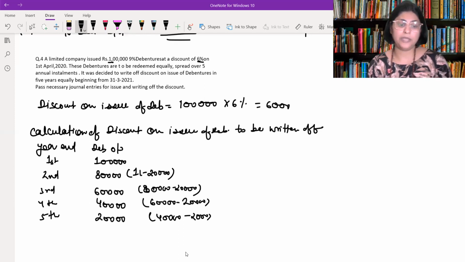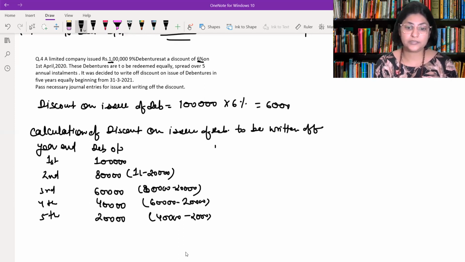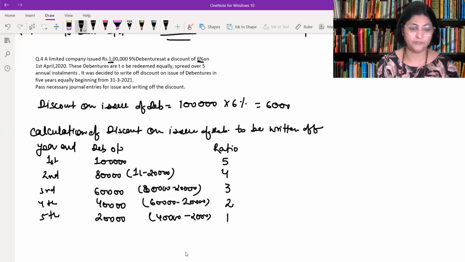Okay, so I can make the ratio, which is 5, 4, 3, 2, and 1. So this will be 5 plus 4, 9, 9 plus 3 plus 2 plus 1, so this will be 15.